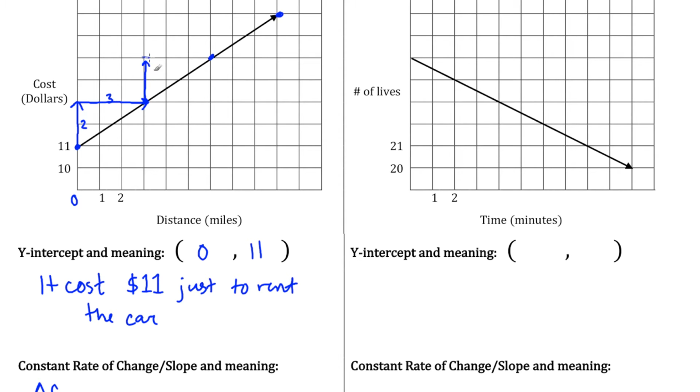And you can tell that the same pattern can be repeated over and over again, constantly the same. Even if you started right here, if you counted exactly 2 up, and then exactly 3 to the right, you would end up back on the line.